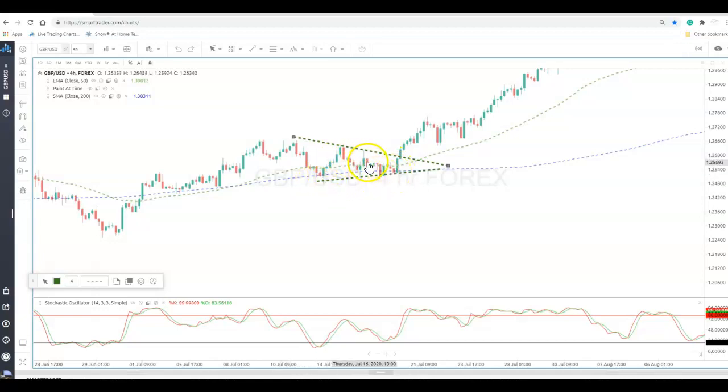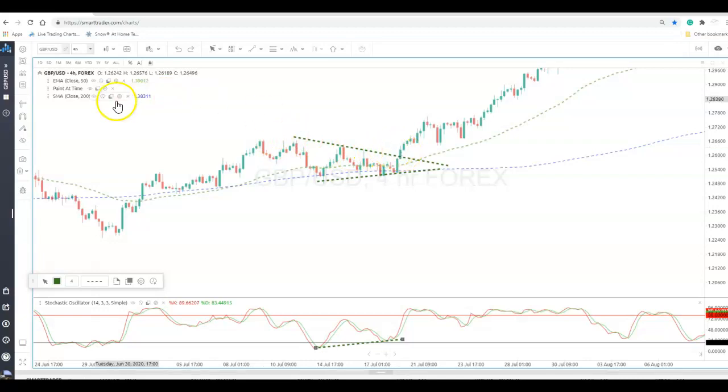Okay, whenever price comes back down to a support level, creates a bullish candle, comes back and hits it again twice, and we also have sort of like a positive divergence on stochastics.